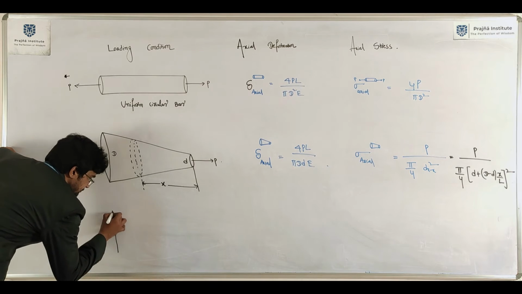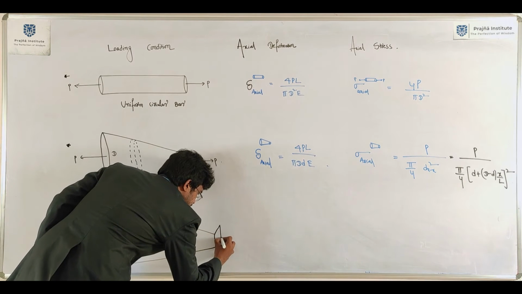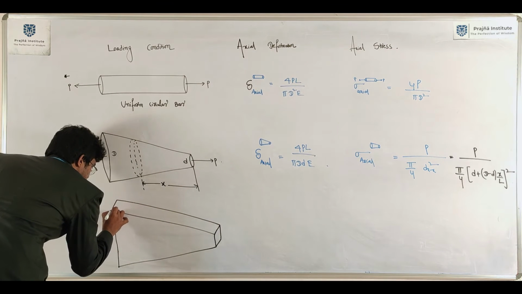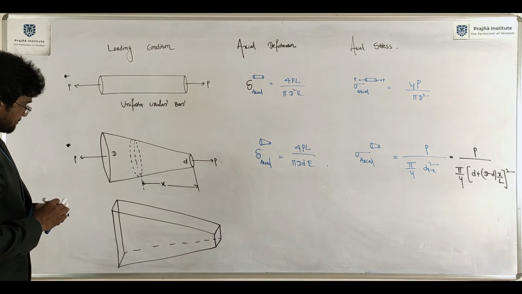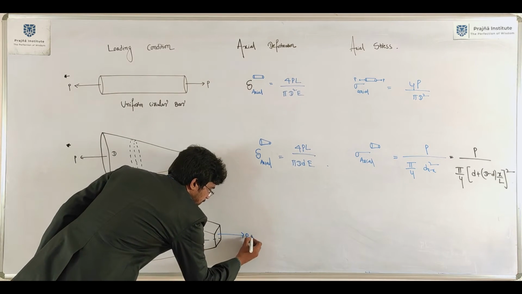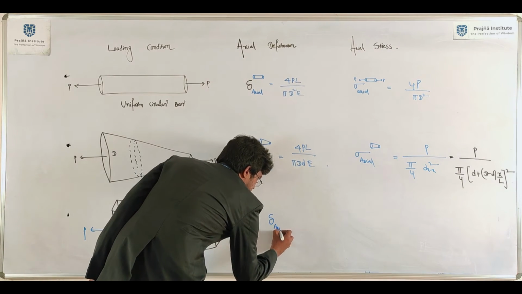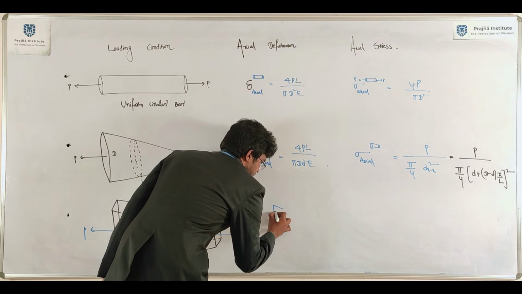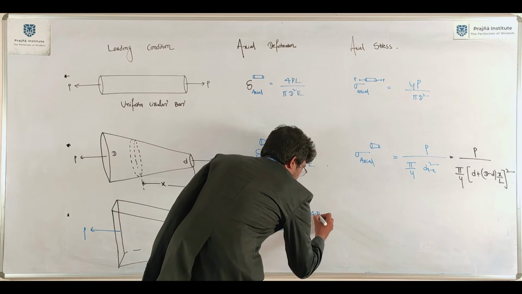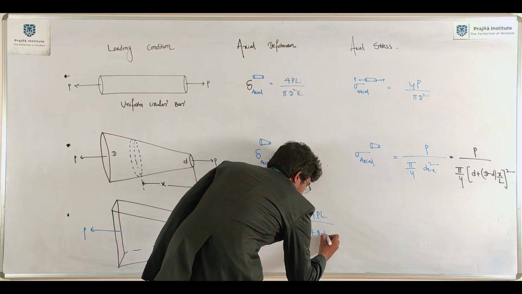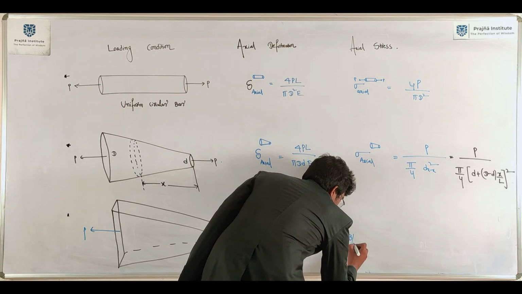Now, the rectangular tapered bar. Here it is subjected to load P. Now delta axial here, what is this? PL by E t (B minus b) ln B by b.